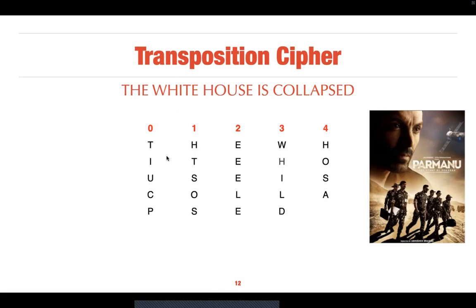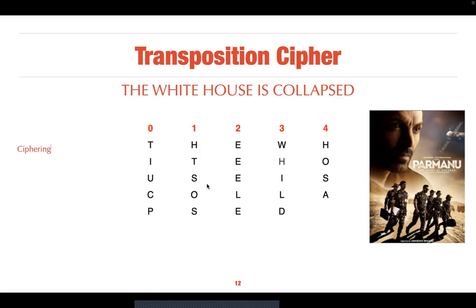We have created a matrix, and then we put this string in this matrix: THEWHITEHOUSEIS. We have placed T in the zeroth column, then H in the first column, and then E in the second column, and in the same way we have placed the rest of the string.